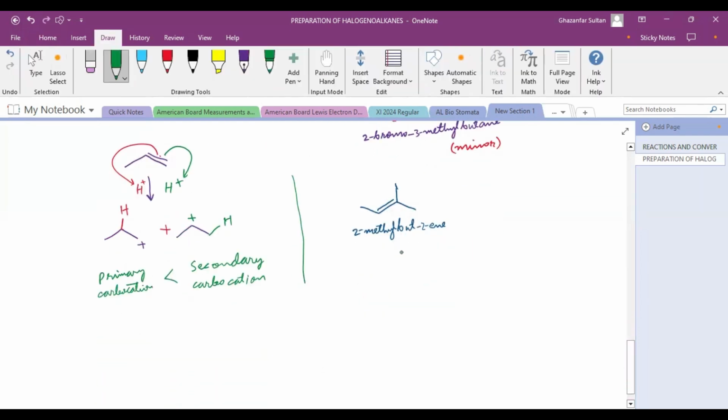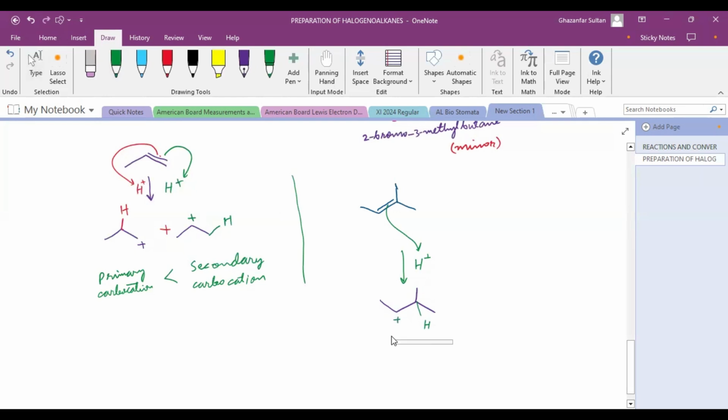Whether the hydrogen ion attacks on this carbon atom, that is a 3-degree carbon atom, but what happens? It produces, see here, H comes over here. So the positive ion is generated here.